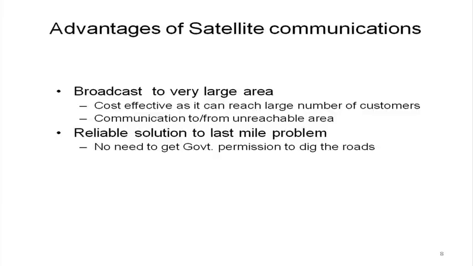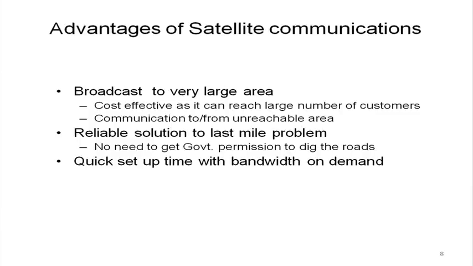If you go the other way, telephone people and fiber optics people need to dig the roads. You don't need to dig the road because you are looking at the sky. It is easy and quick to set up, and based on the requirement of bandwidth or power, you can quickly set up, whereas in the case of wire communication, that is slightly difficult.